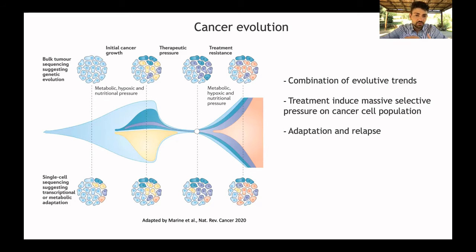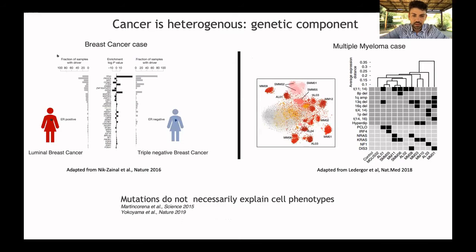For instance, one of the main variables in cancer is the treatment. Treatment induces massive selective pressure on the cancer cell population, and subclonal niches can go into a silent state, then adapt and relapse with a new aggressive cancer.